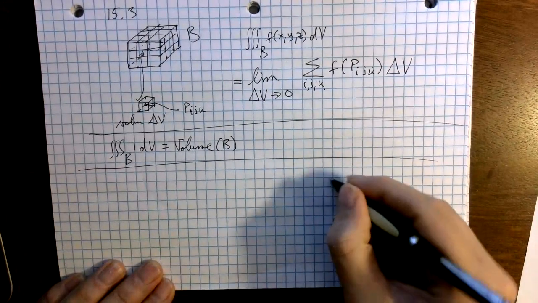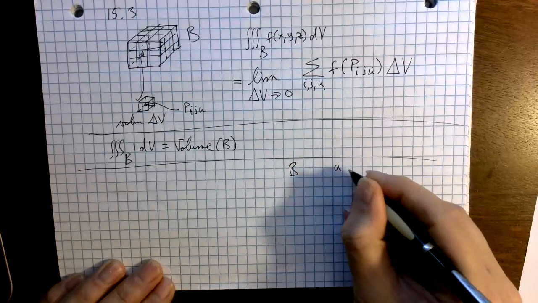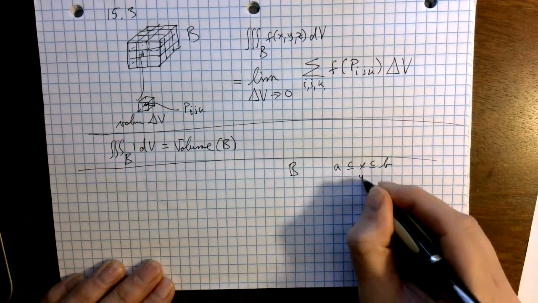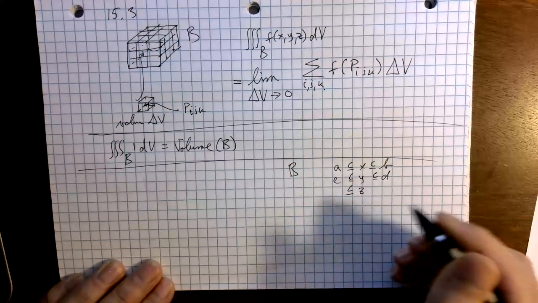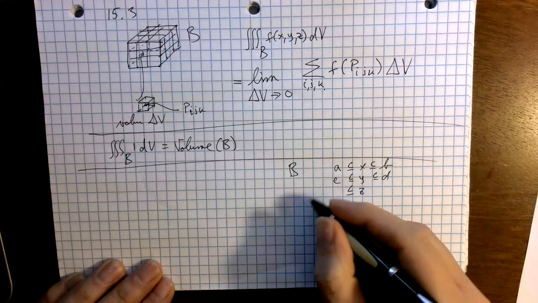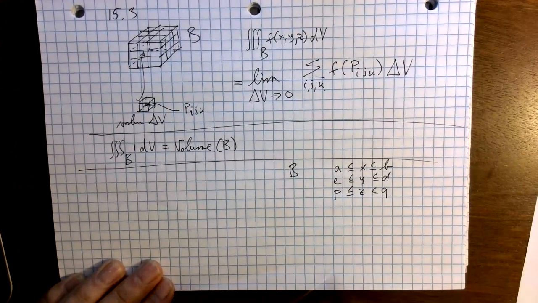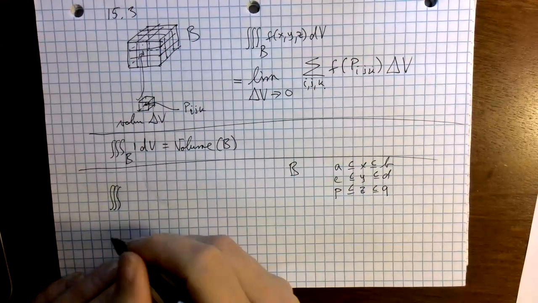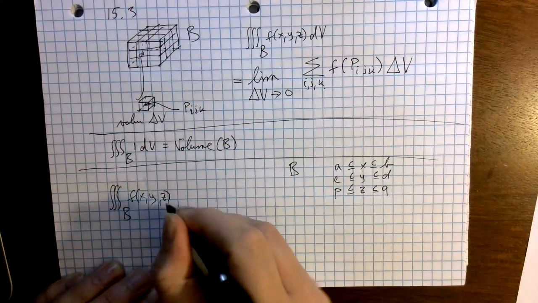Well, if B is a box, where X is between some A and B, and Y is between some C and D, and Z is between some P and Q (I don't want to use E, since that's sort of the exponential), then if I have this, the triple integral over the box of some function f(x, y, z) dV.